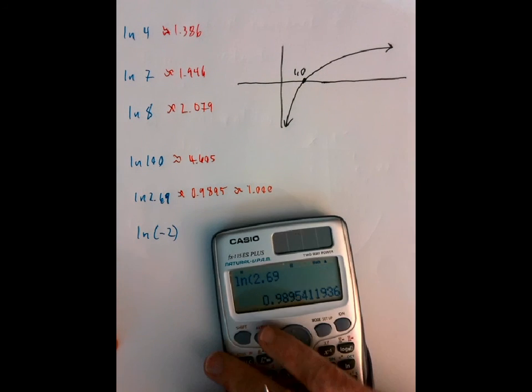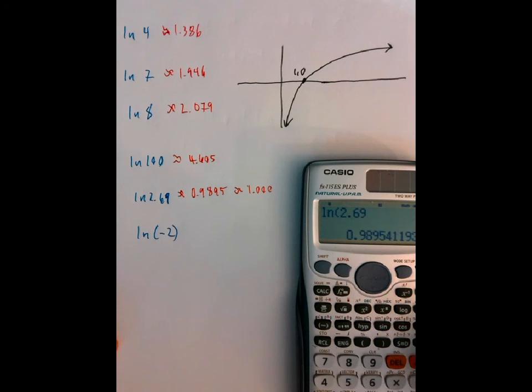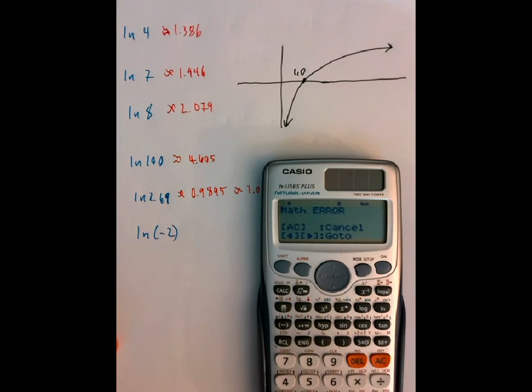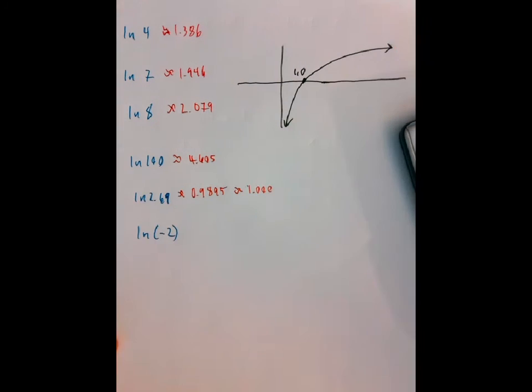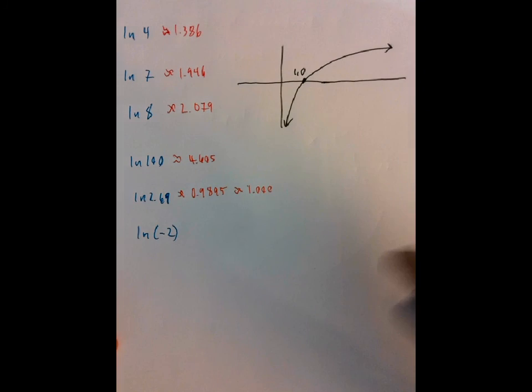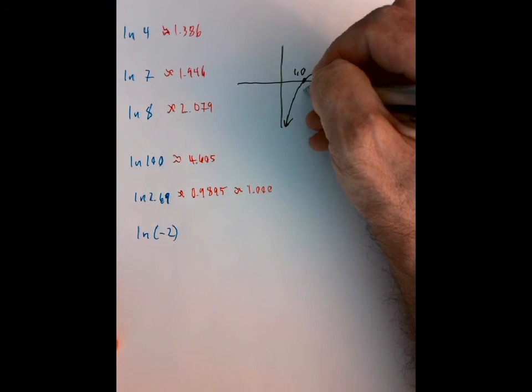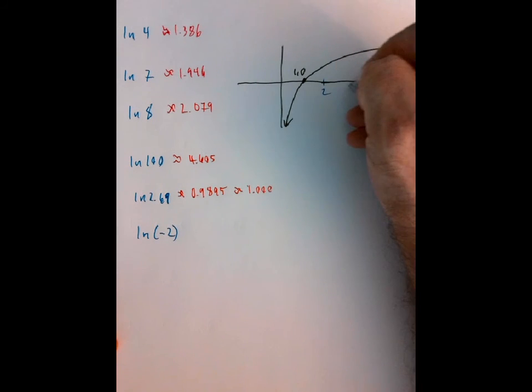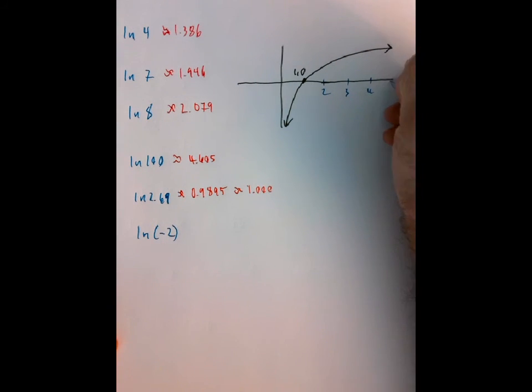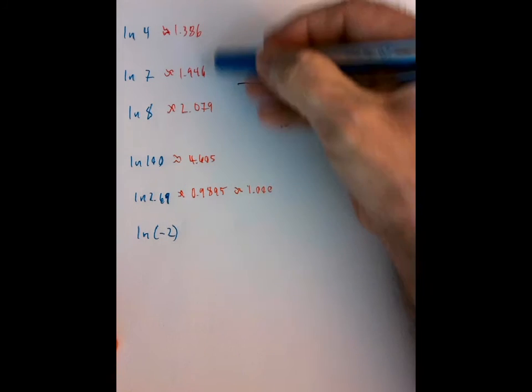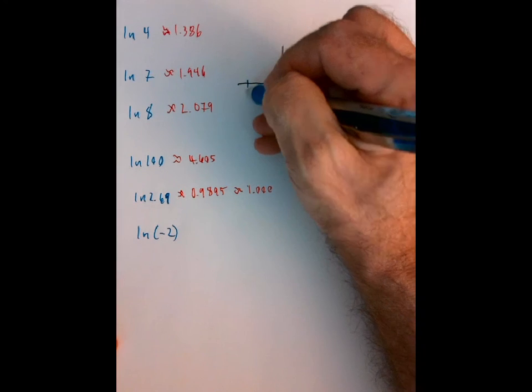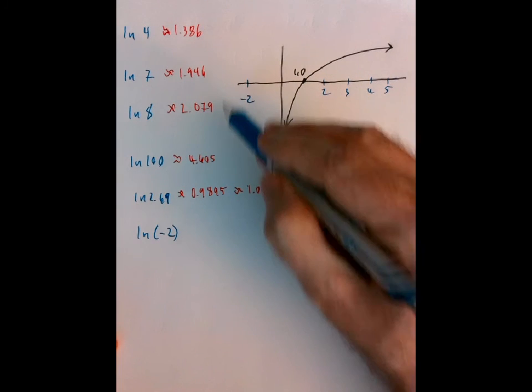And then ln -2. Boom. Whoops. It says error. What does that mean? Well, remember, if we look over here, here's 1. ln 1 is 0. Here's ln 2, here's ln 3, here's ln 4, here's ln 5, and so on, which are all these values here. But ln -2 is over here. There's no log function over here.